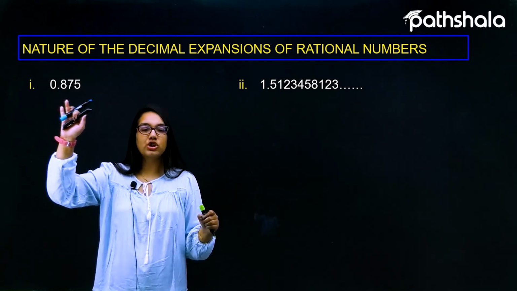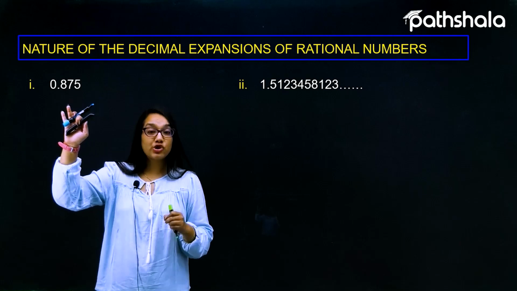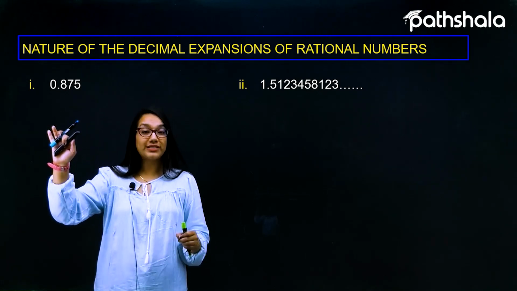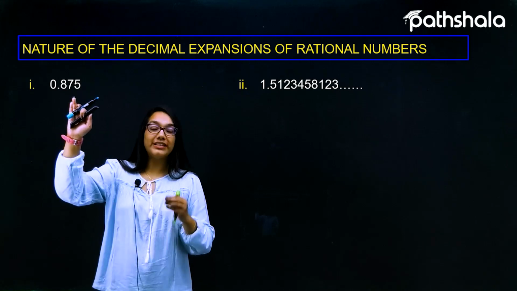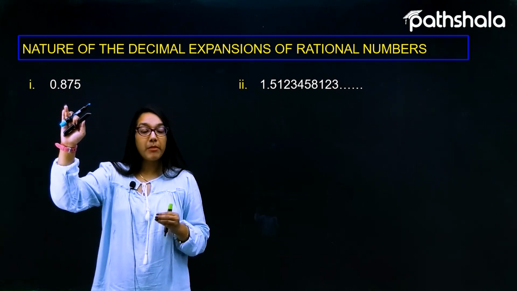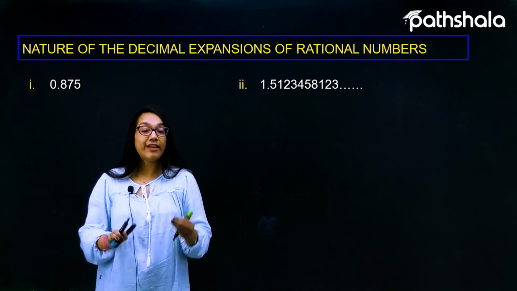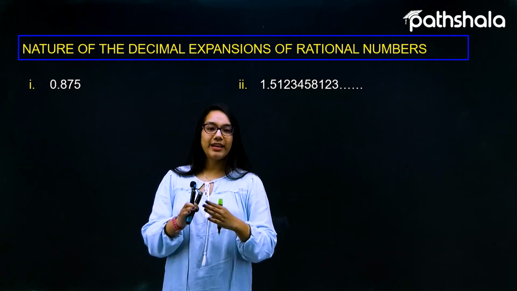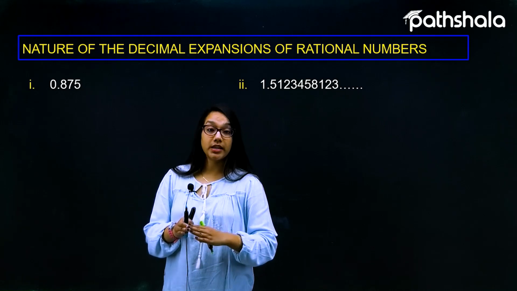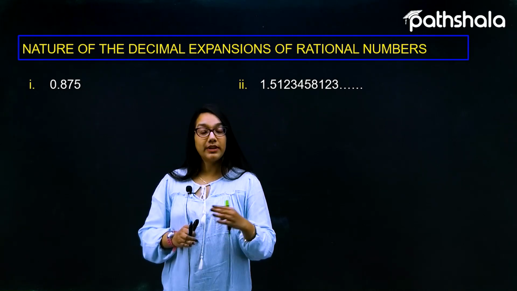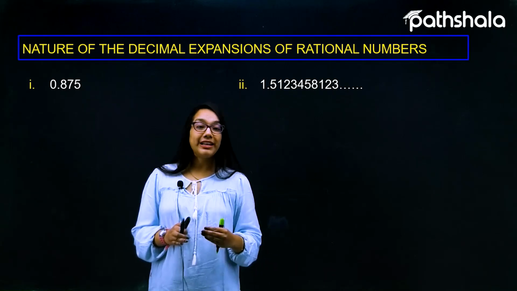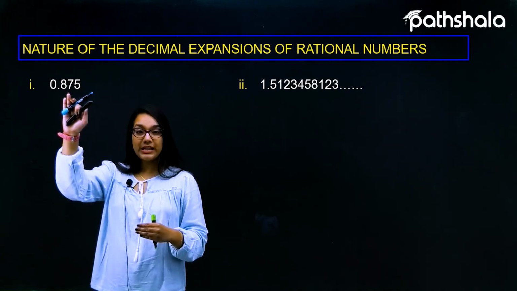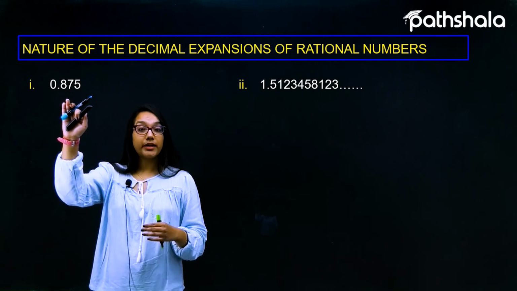As we can see in part 1, the decimal expansion is 0.875. Such a decimal expansion is called a terminating one, because the remainder of this type of rational number is always 0. Whenever the remainder of a rational number is 0, we can call it a terminating decimal expansion or terminating rational number.